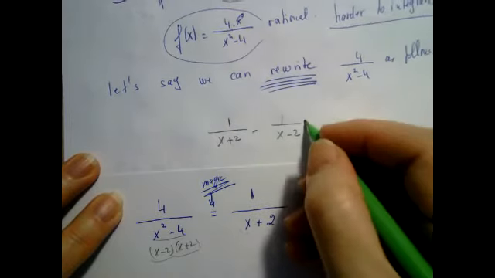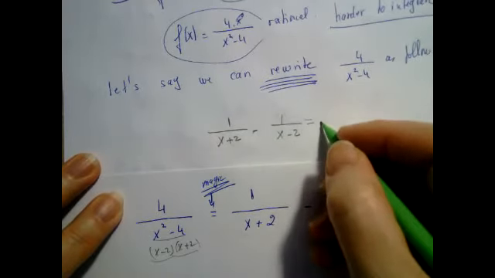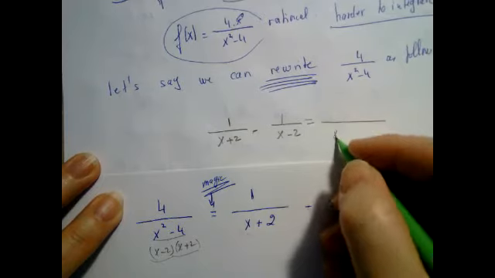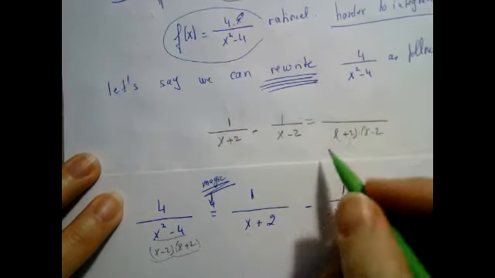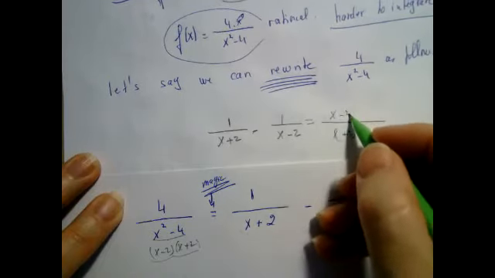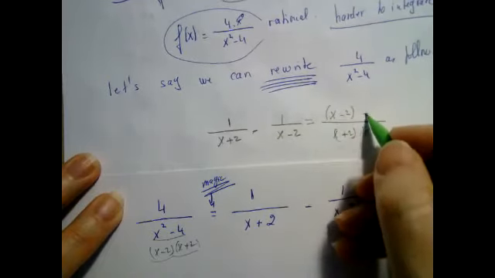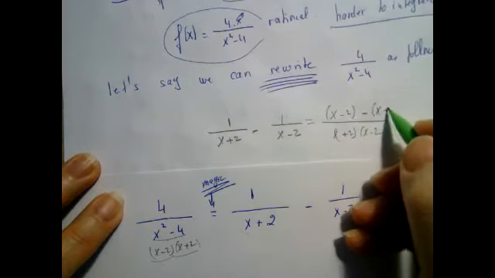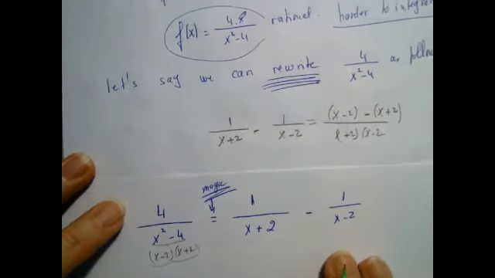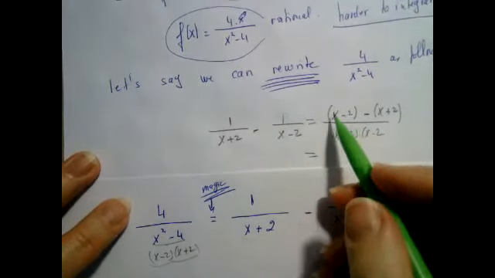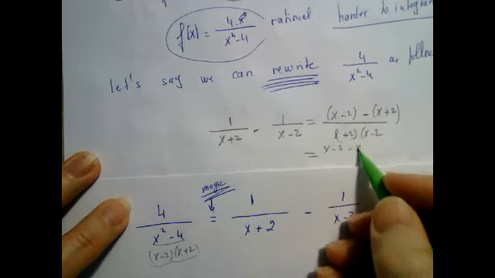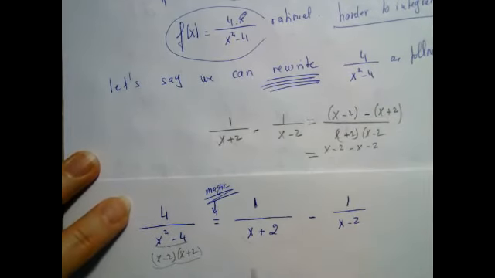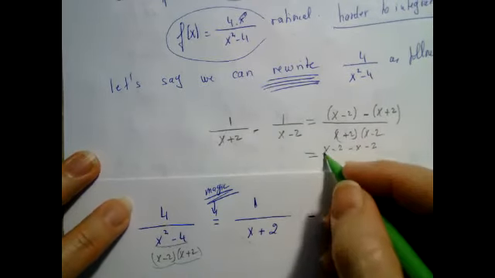If I start with this expression and move backward, it means I find a common denominator and evaluate this expression. So that's x minus 2 minus x plus 2. I evaluate this expression and I get x minus 2 minus x minus 2. I think I flipped the sign here, so I will change it.